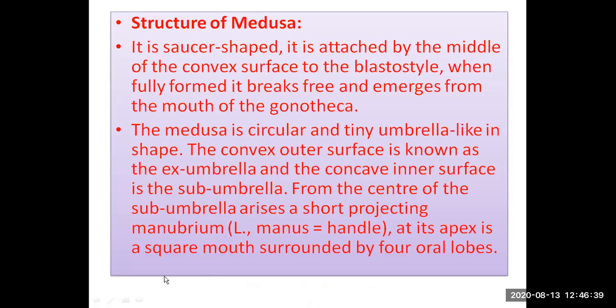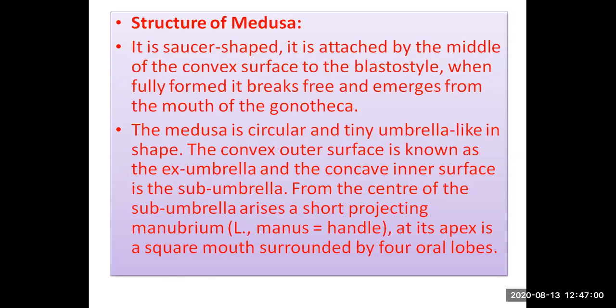The structure is a shape which attracts the middle of the convex surface to the blastostyle, and when fully formed it breaks free, with the mouth and gonotheca. The medusa is a circular, thin, umbrella-like shape.